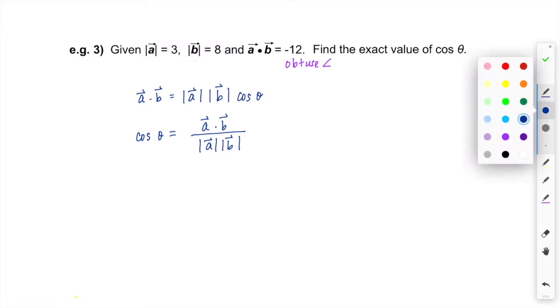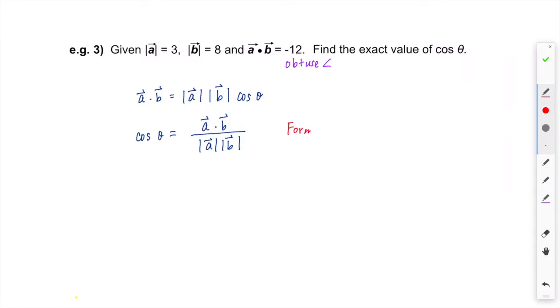You may want to write this down. This is a handy formula for finding the angle between two vectors. We will see this a lot in later lessons.